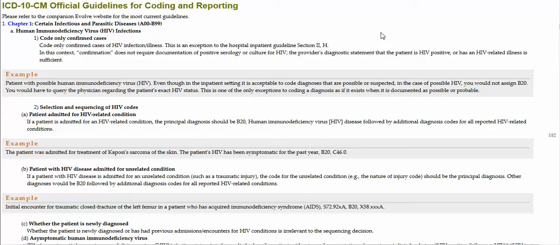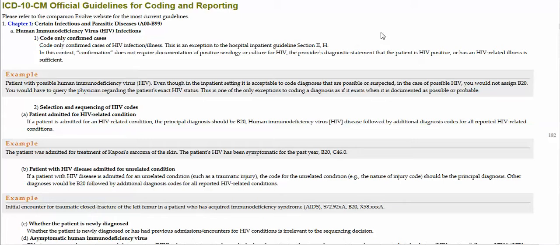For instance, it's documented the patient has possible CVA or rule out CVA, documented by the physician. We're going to code that as if the patient had a CVA because what they're saying is they really didn't know if they have it or not. They can't confirm it, but they did the testing, they did evaluation, they treated for it more than likely. And they're probably going to have continued testing and treatment after their discharge. Therefore, we would code it as if it existed.